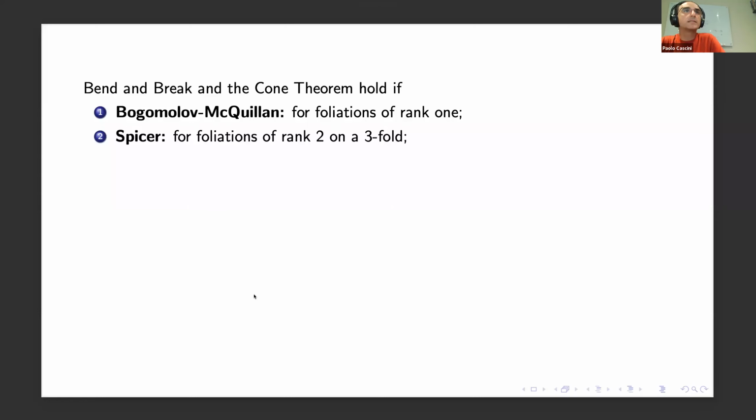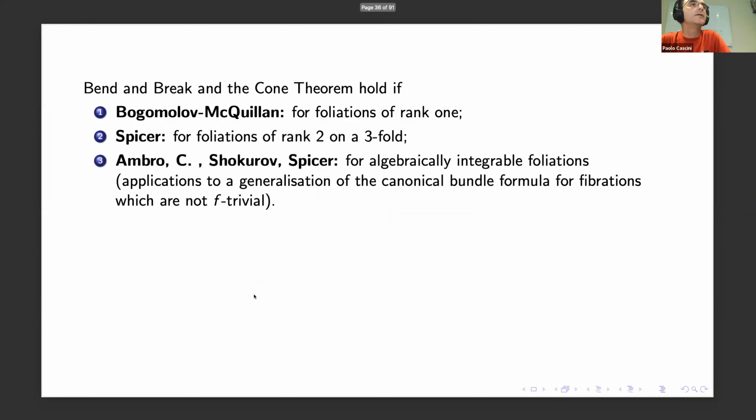Then in his thesis, Spicer proved the case of rank 2 on a threefold. We generalized it to log canonical pairs, or at least pairs which have nice singularities, but I think it's just a technical result, so I'll leave it there. And much more recently, and this is still a work in progress, with Ambro, Shokurov, and Spicer, we proved these theorems for algebraically integrable foliations.